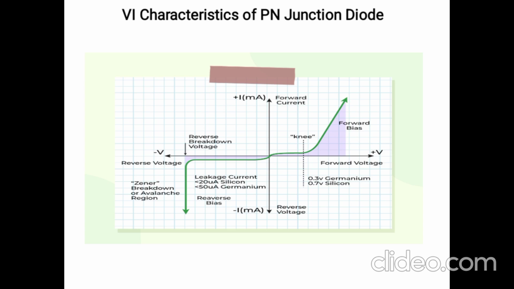Electrons forming the covalent bond of the semiconductor are broken by sufficient heat and light. Next, the minority carriers, electrons in the P region and holes in the N region, flow across the junction, and this small reverse current is called the reverse bias current.